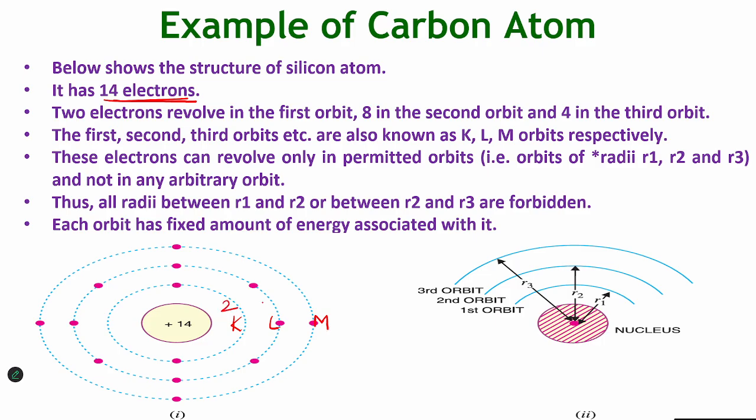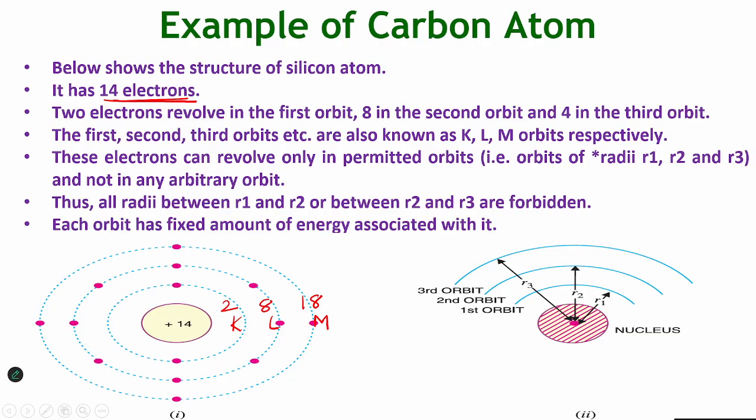In the K shell you have 2 electrons, in the L shell 8 electrons and in the M shell 18 electrons. The first, second and third orbits have different radii, R1, R2, R3. They move with a fixed amount of energy.